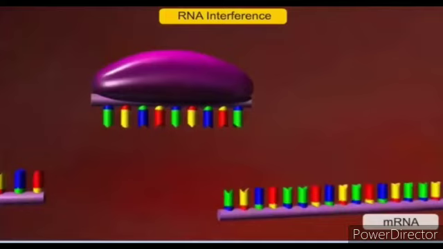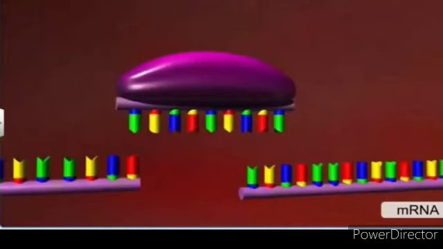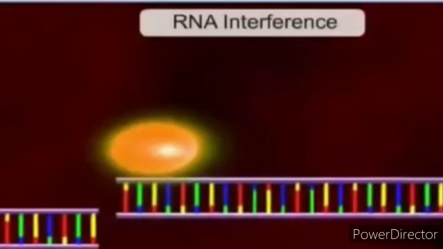RNA interference takes place in all eukaryotic organisms as a method of cellular defense. This method involves silencing of a specific mRNA due to a complementary double-stranded RNA molecule that binds to and prevents translation of the mRNA. That process is called silencing.